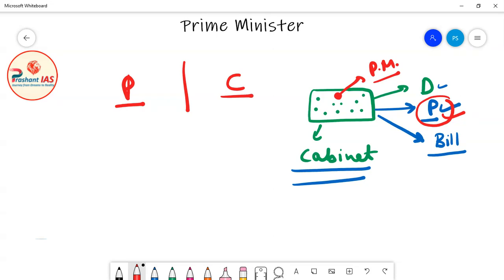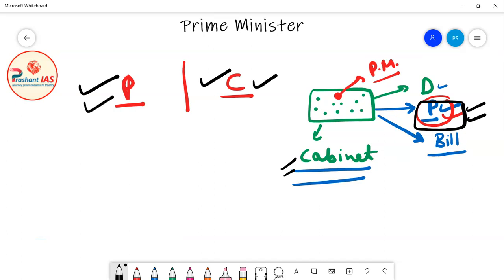Listen to my question carefully. If the cabinet has made any important policy, then who will announce this policy to the Parliament of India and who will tell about this policy to the people of the country?